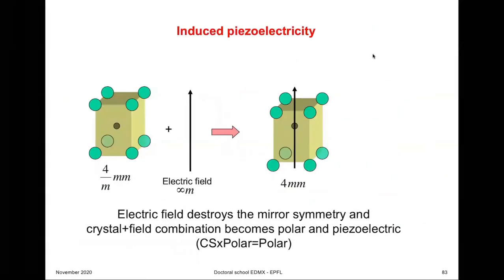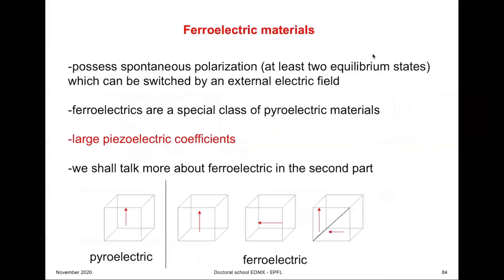Okay, let us continue. There is a special class of materials which are called ferroelectric materials, and those materials possess spontaneous polarization, which can be switched by an external electric field. That spontaneous polarization must have at least two equilibrium states.